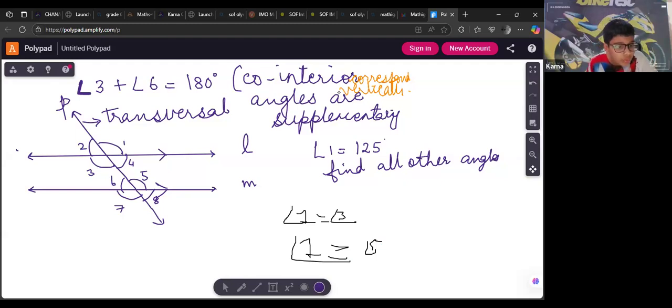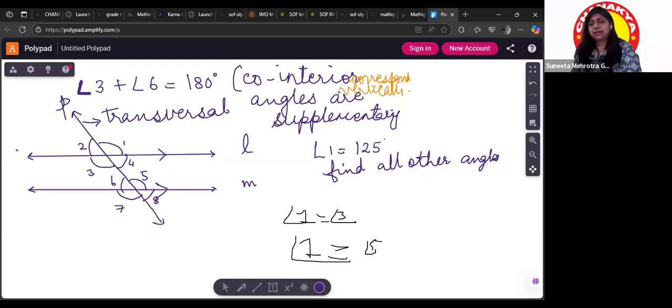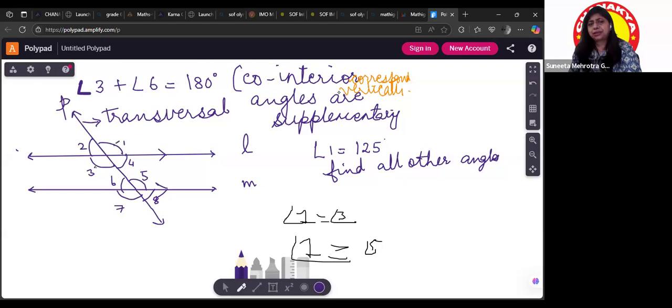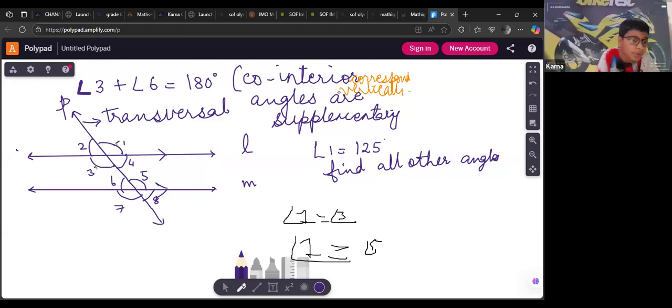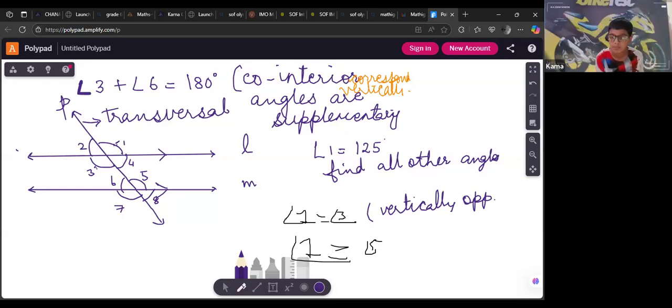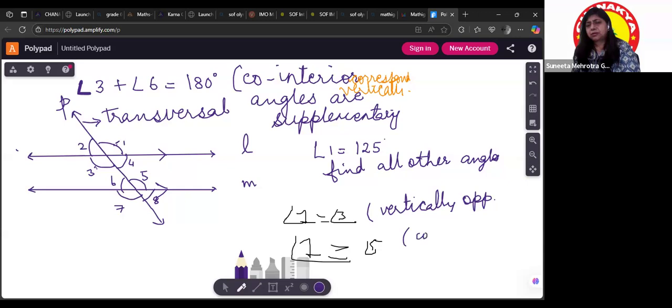Tell me the reason, I'll write the reason also. Why are these two equal? Because they are in the shape of X and they are vertically opposite. Next, why are 1 and 5 equal? Corresponding angles.